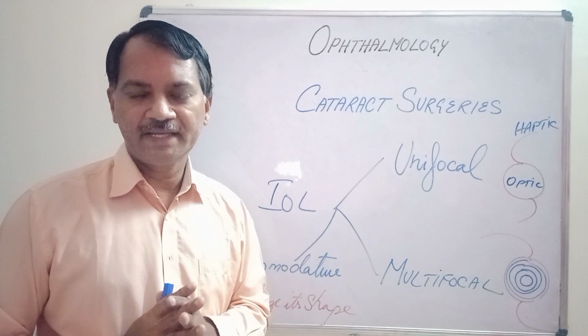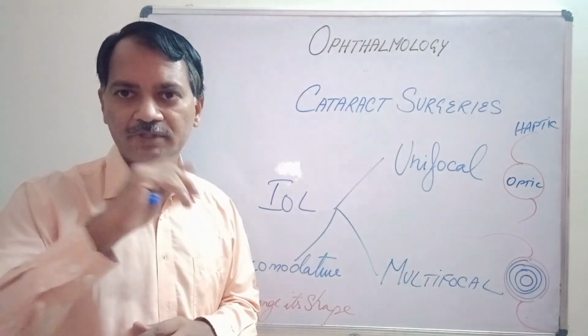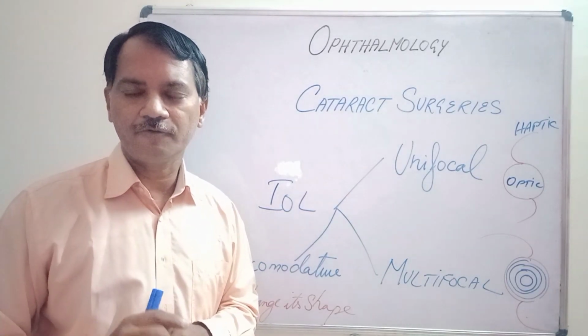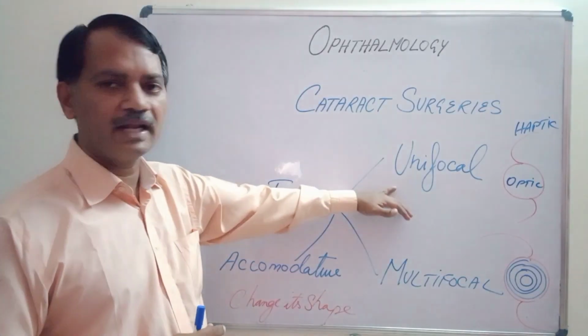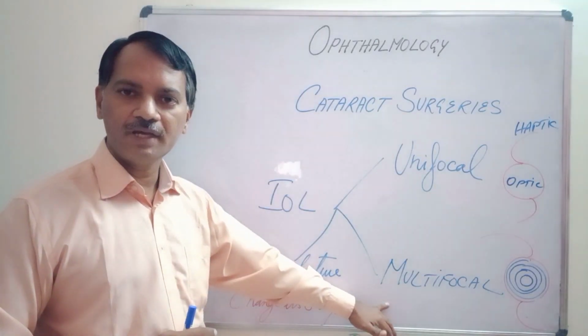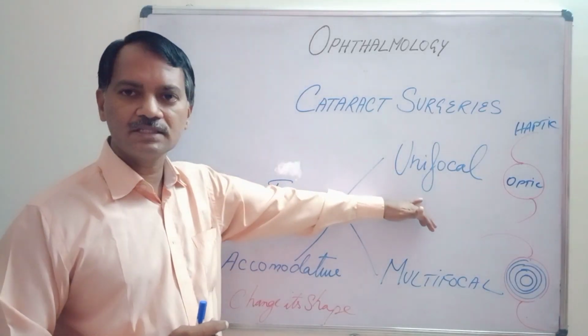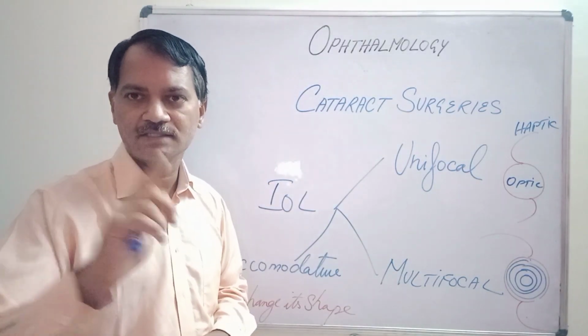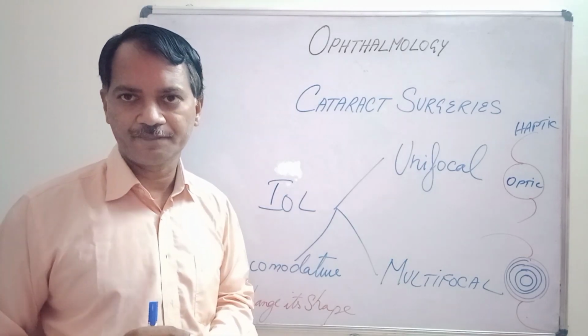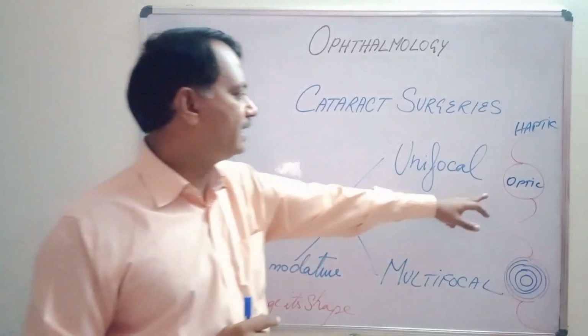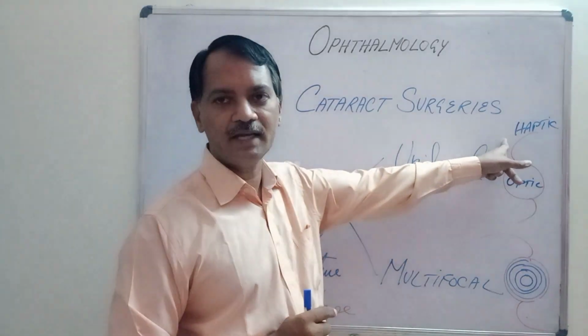Whenever we talk about cataract surgeries, we have to talk about the IOLs also. IOLs are of three types: unifocal IOLs, multifocal IOLs and accommodative IOLs. Unifocal IOLs give vision only for one distance, either distance or near. You have an optic in the IOL and a haptic in the IOL.